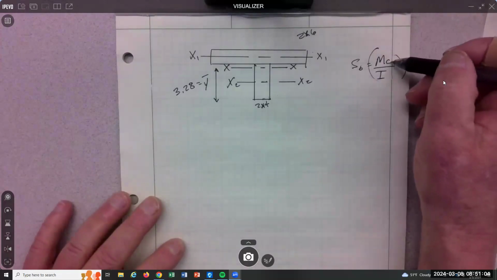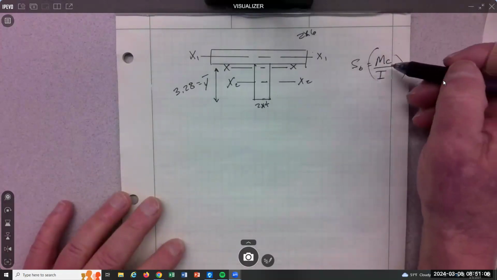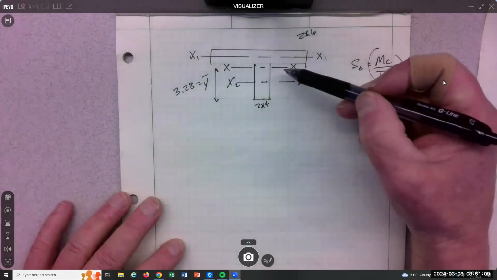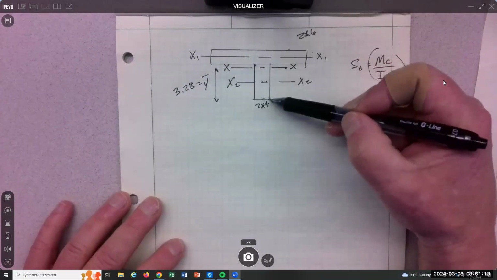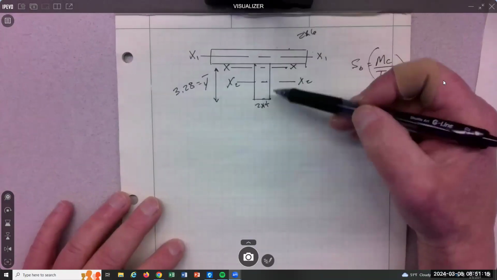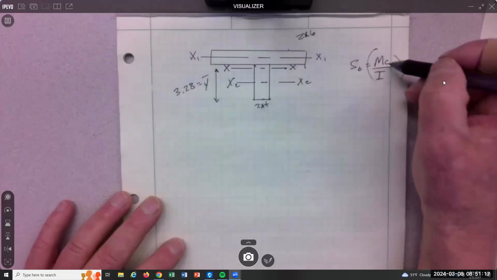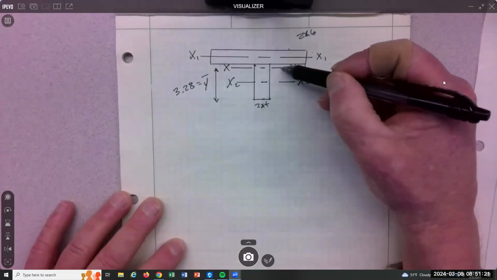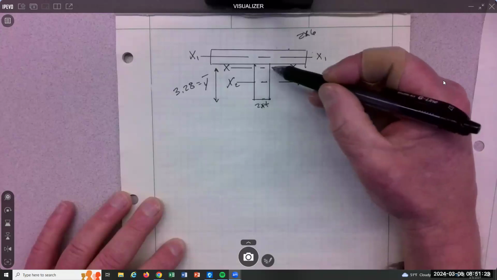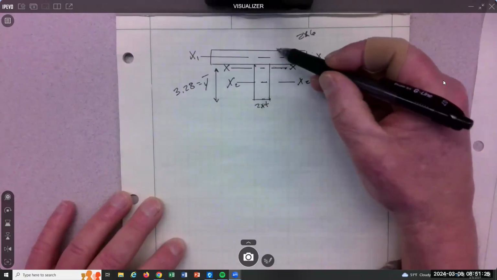We're gonna find the C value, which is the largest distance from the neutral axis, the combined neutral axis, to an outermost fiber, either direction. So clearly C is gonna equal the largest distance from here to the outer fiber is from here to the bottom, not from here to the top, that's shorter.